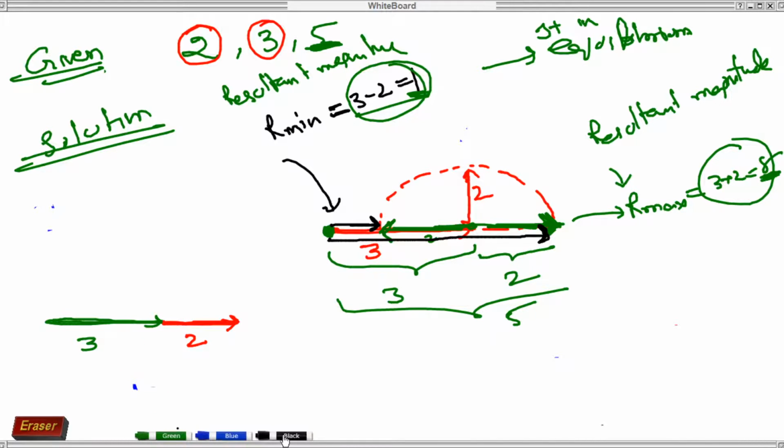So what will be the resultant of this? Now the third vector is like this, 5. So it will be like this. All these three vectors are here.